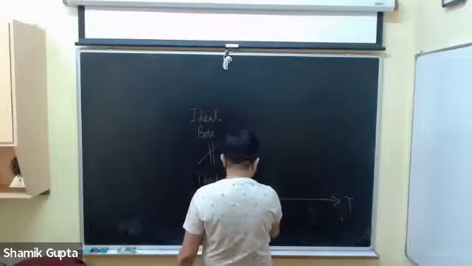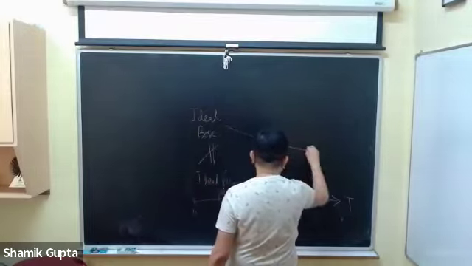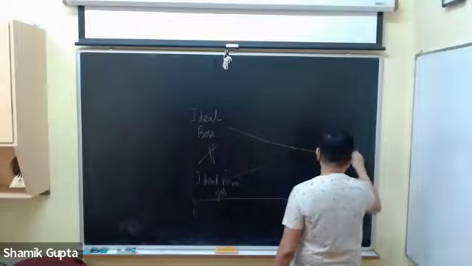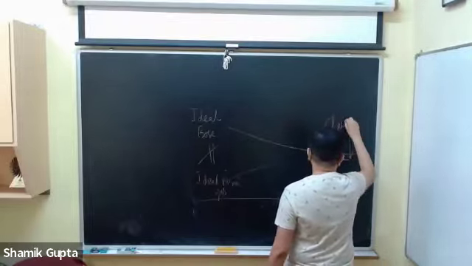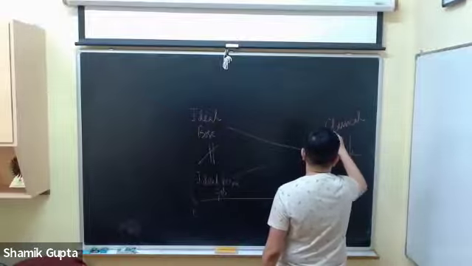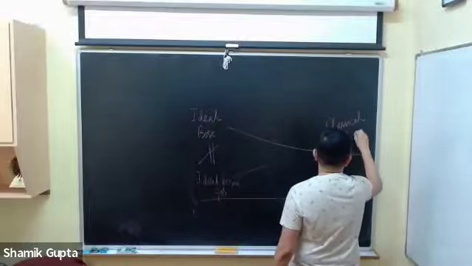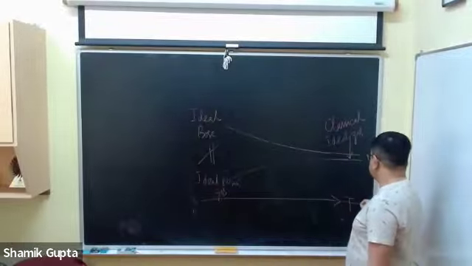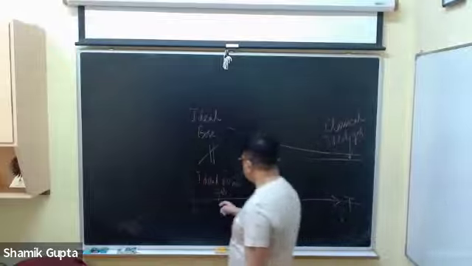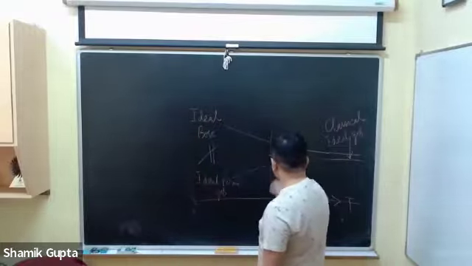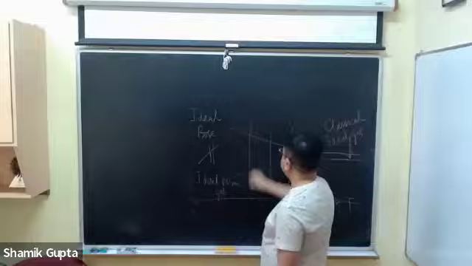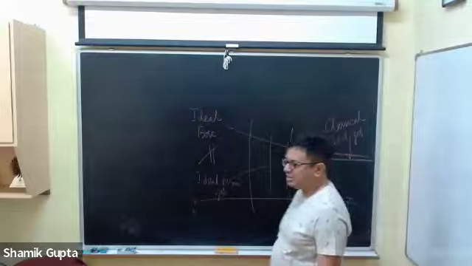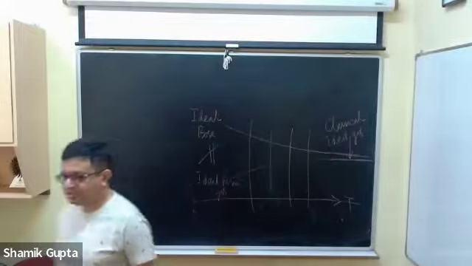Now as you increase temperature, the two start to become similar, and they become exactly like the classical ideal gas when you go to very high temperature. So that is what we learned. At low temperature they are different. They will be different at any given temperature, but the difference between the two will become smaller and smaller as you go to higher and higher temperature. So this is what we learned today.